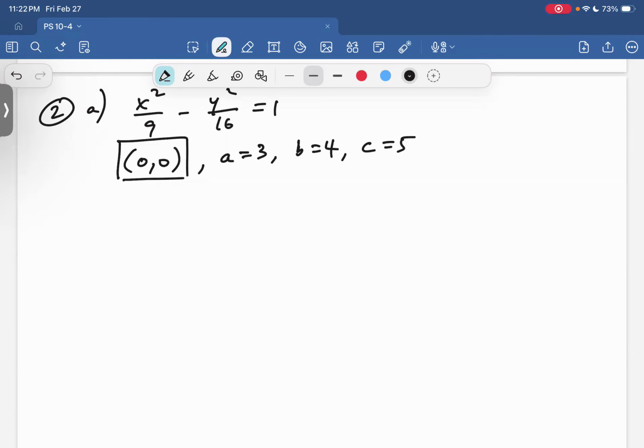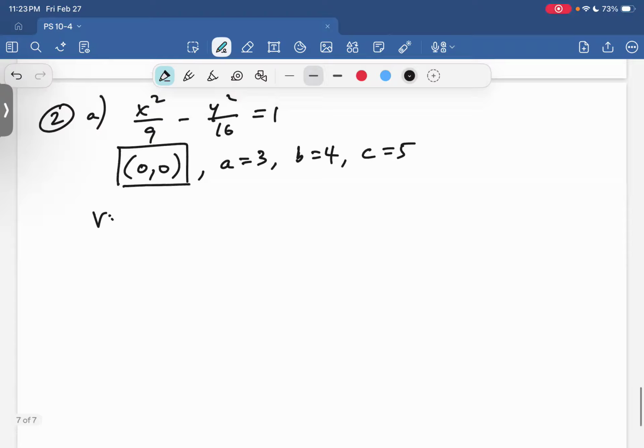Here's my center, and my vertices are going to be from the center going right and left A. This is a horizontal hyperbola, right? So the vertices will be right and left. So that's just going to be plus or minus 3 comma 0. Then the foci, I'm going to have to go C, right and left.